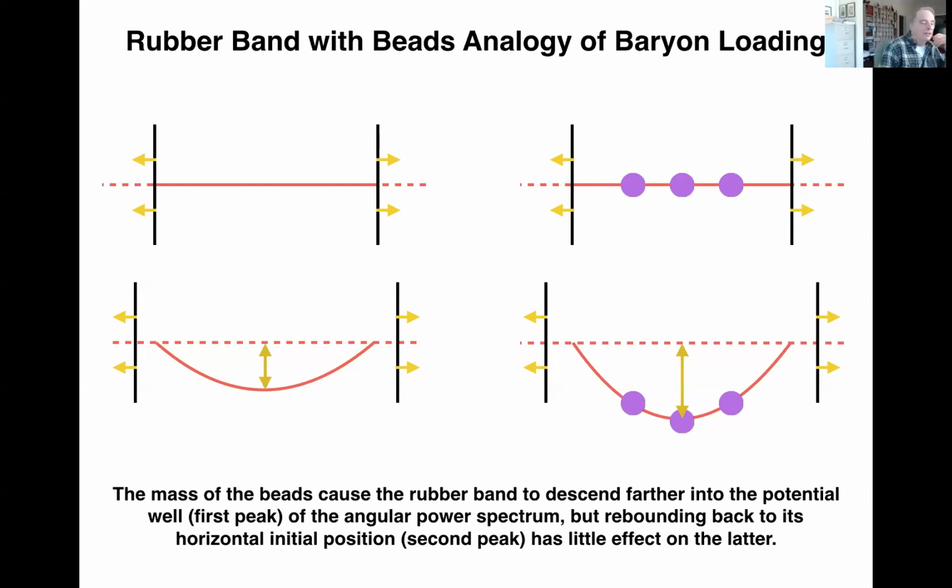And this so-called baryon load causes the compressions of the density inhomogeneities to go beyond what they would be, sort of an inertial effect, go beyond what they would be if the baryons weren't there.